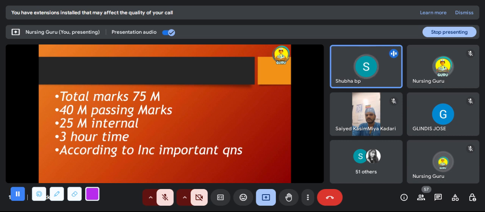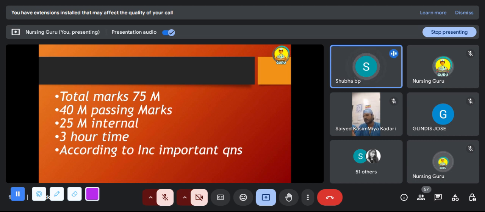Okay. So in the psychology subject you are going to get 100 marks. Right. In 100 marks your written examination is for 75 marks. In 75 marks you need to obtain 40 marks for passing. If you are getting 39, 38, or 39.5, then you will be considered as a fail.